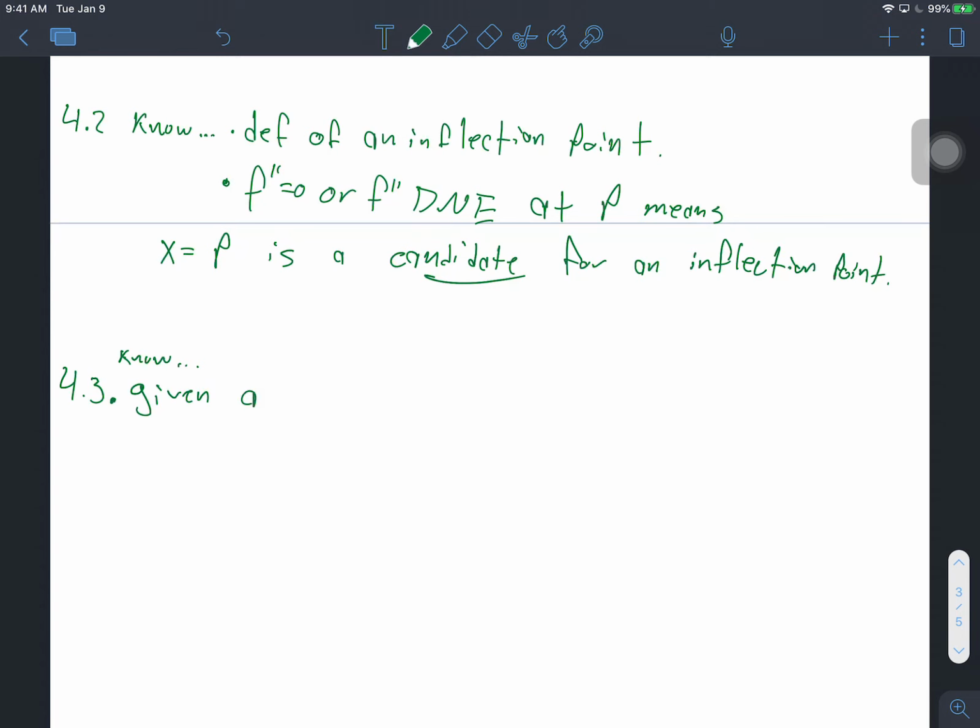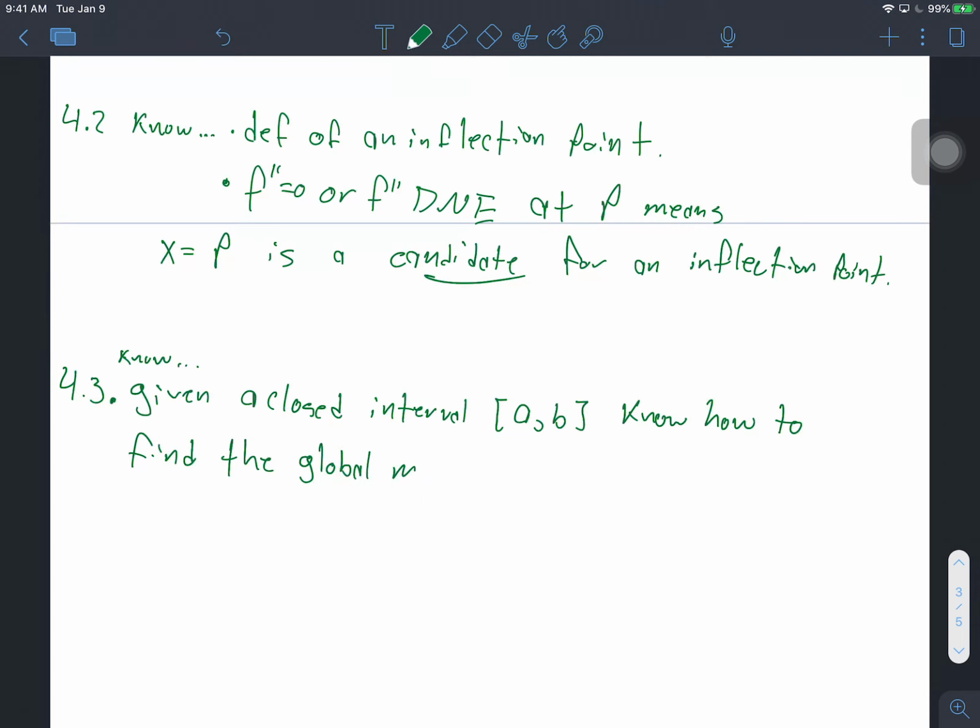Given a closed interval, a comma b, I want you to know how to find the global maximum and global minimum of a function f of x on the interval a to b.